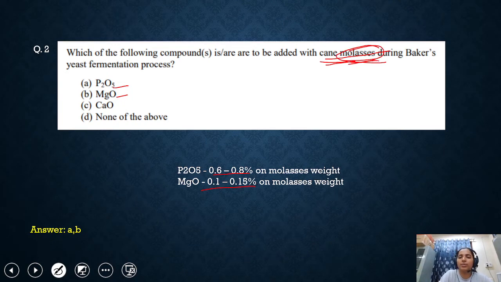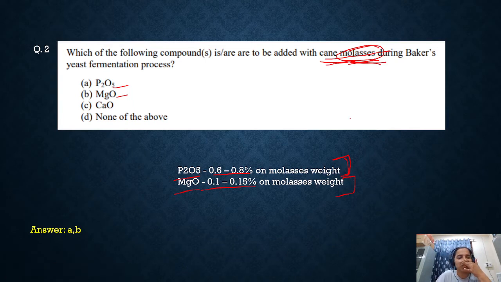So in proportion to that only this P2O5 and MgO are used, even though other components are used in this process, their percent varies with the molasses weight. So both of the compounds P2O5 and magnesium oxide are used in different ratios. Okay, so for this question answer is both A and B.